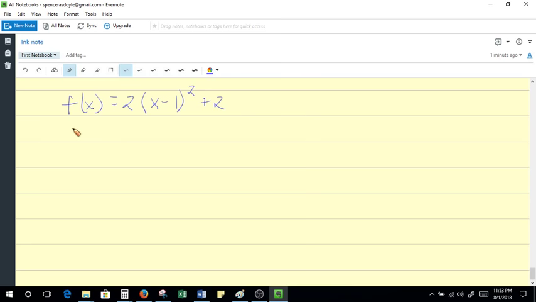So, if we recall, our form for vertex form is going to be a(x minus c) squared plus d. We can pull our vertex out right away. Our vertex is just CD, which is going to be 1, 2.